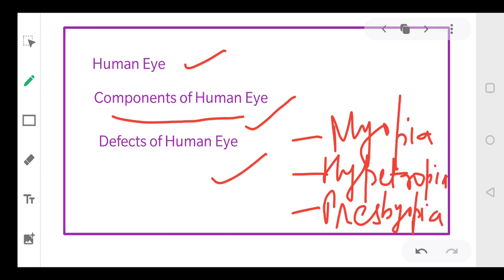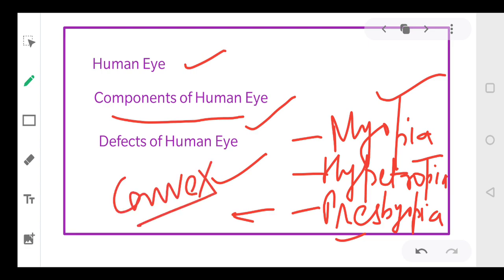I hope you remember all the 3 defects, and you clearly remember their corrective measures, like what type of lens we use in myopia. We use concave lens. In case of hypermetropia, we will use the convex lens. In case of presbyopia, again, convex lens is used, right? And if we have problems like myopia and hypermetropia both together, then we use bifocal lens. Okay, everyone?